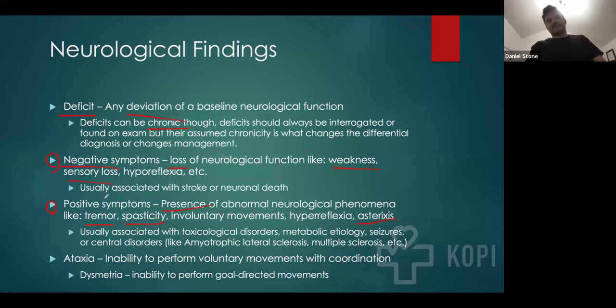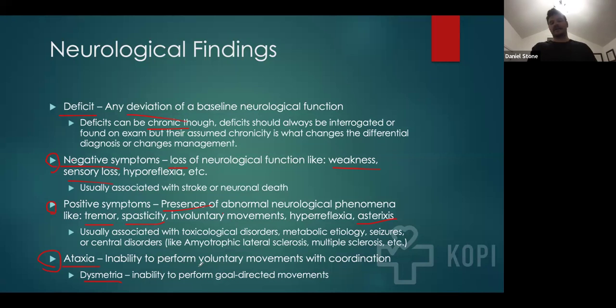Now, negative and positive symptoms don't necessarily appreciate coordination. That's usually an evaluation of motor function and mental status. When you talk a little bit more about coordination, you talk a little bit about ataxia and dysmetria. Now, these are basically inability to perform basic coordination movements.